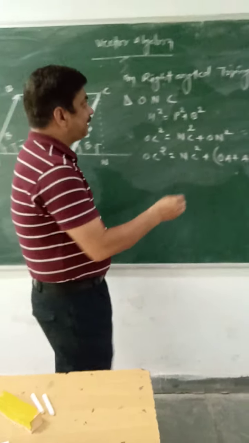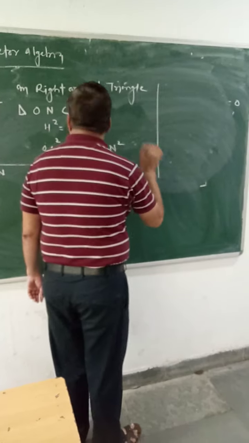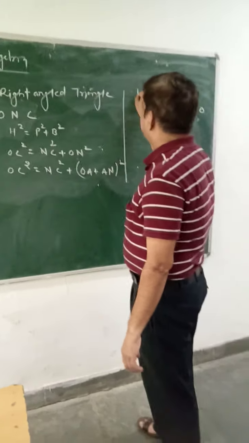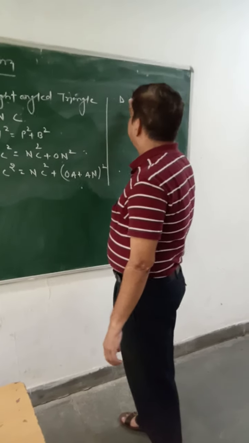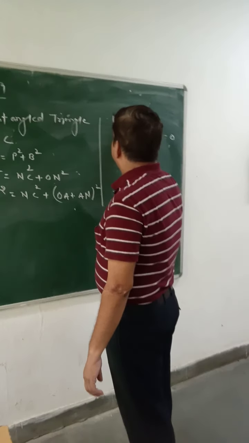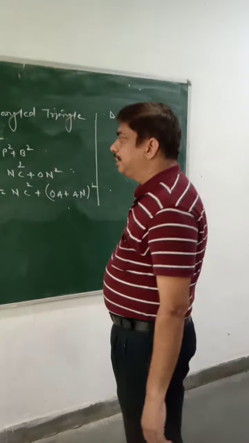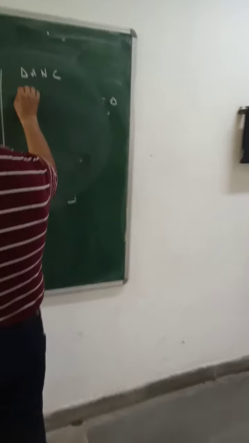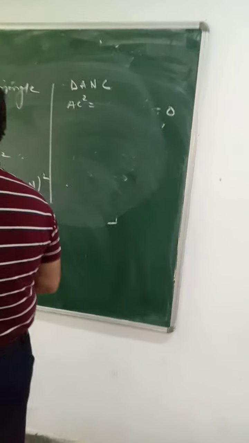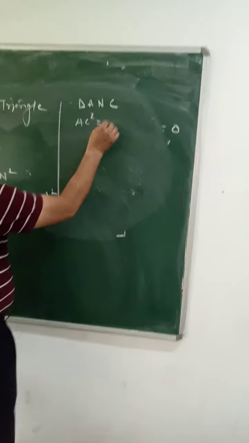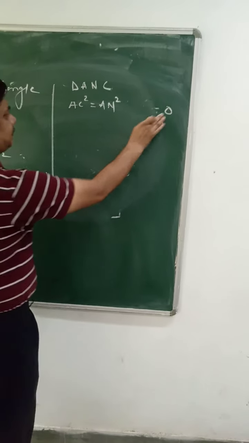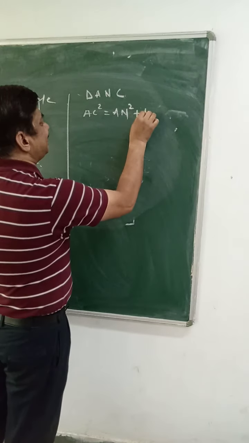Now a little more exercise. One more right angle triangle we can see, this is A and C. In that right angle triangle again, AC square using the Pythagoras theorem is equal to AN square plus NC square.